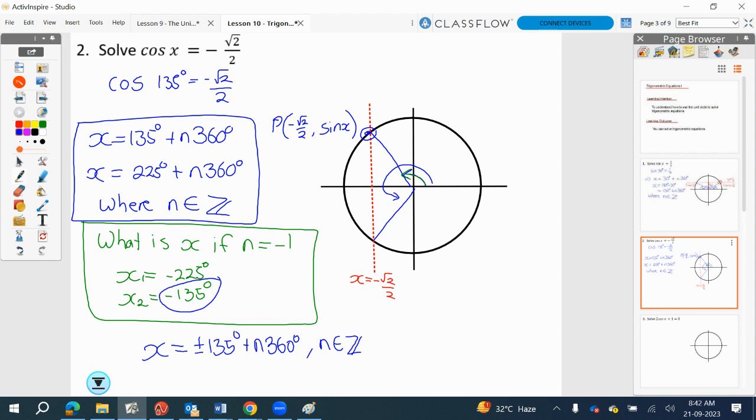With cosine, it's a tidier solution. When we do that, every single solution just moves 360 to the left, and we get all of our solutions, and all the same solution.